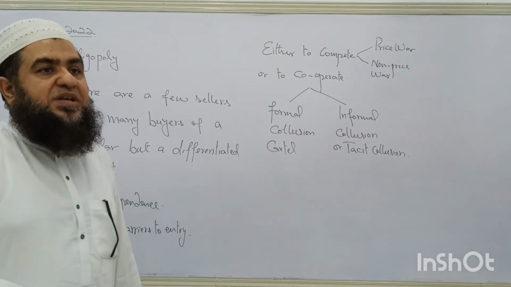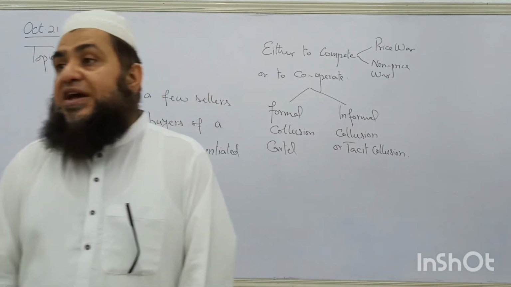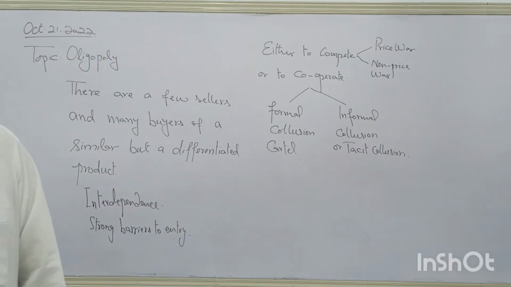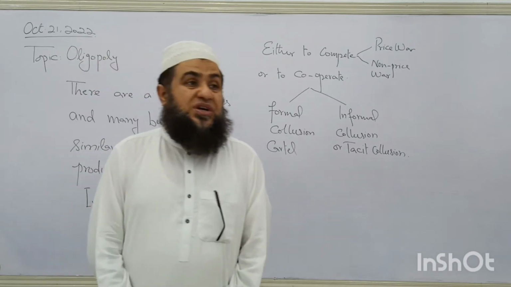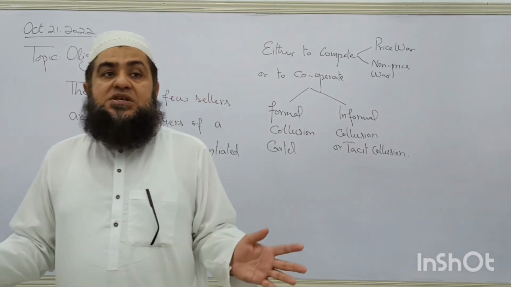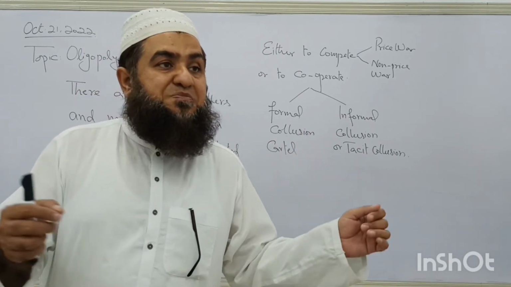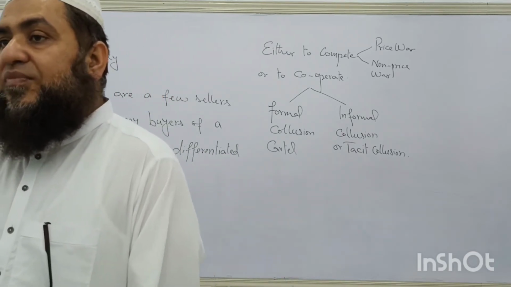And advertisement means what? To create the demand for the product, to provide awareness to the buyers. Advertising also has the objective of persuasion. What do you mean by persuasive advertisement? In which they are convincing the buyers that their product is better than the rival firms'. Clear?